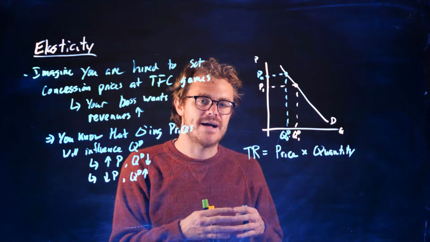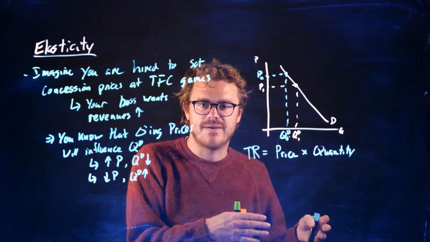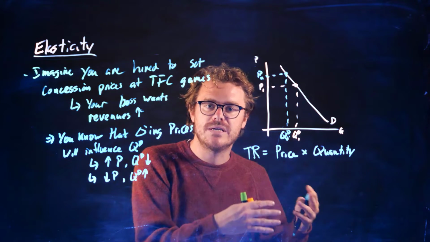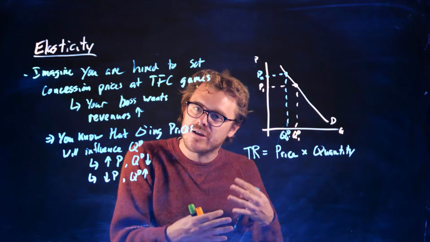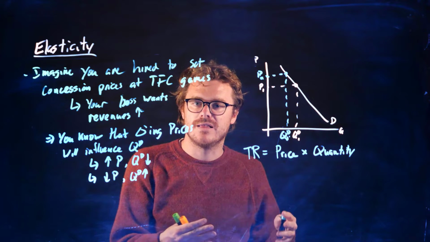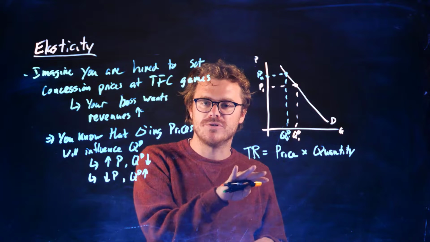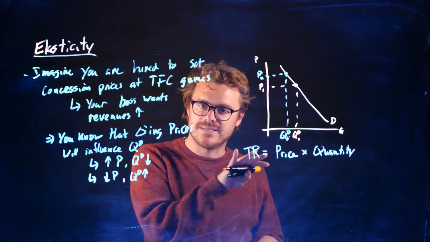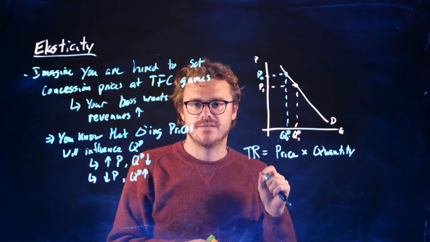Or is the fact that we sell fewer units going to dominate, so that our revenue actually goes down when we raise our prices? It's not clear which is bigger, and that's going to rely on elasticity. So let's look at a couple different demand curves to see that it's related to slope, but it's not exactly equal to the slope.